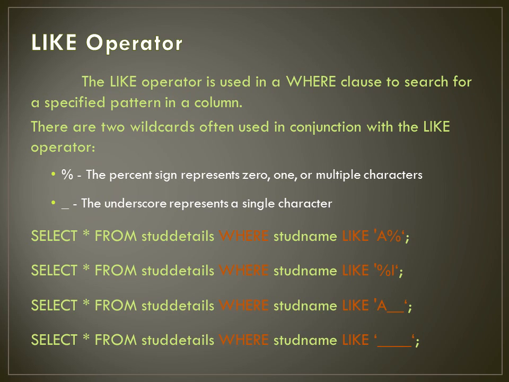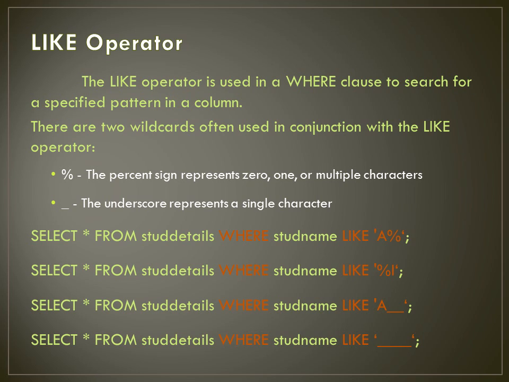Next query is select star from student details where student name like percentage I. That is, this query will return the student details whose name ends with I. Next query is select star from student details where student name like A double underscore. So this query will return the student details whose name starts with A and has only three characters in total.